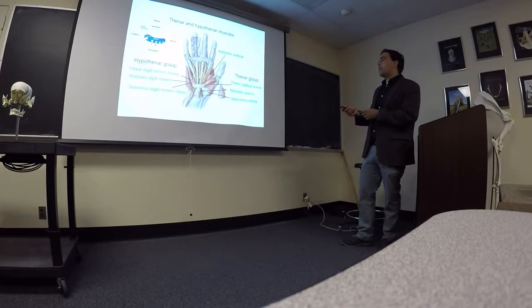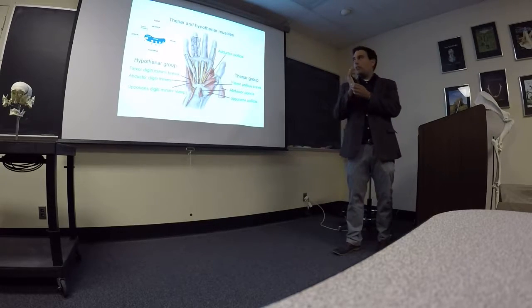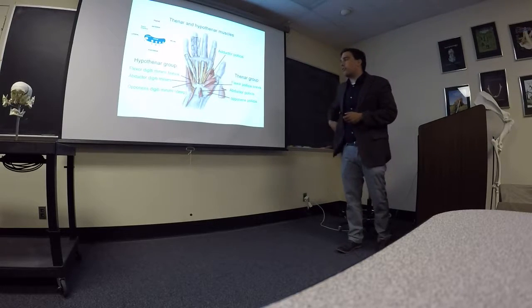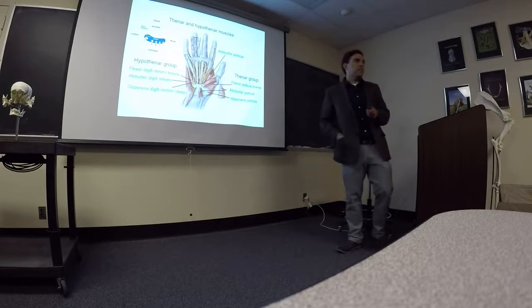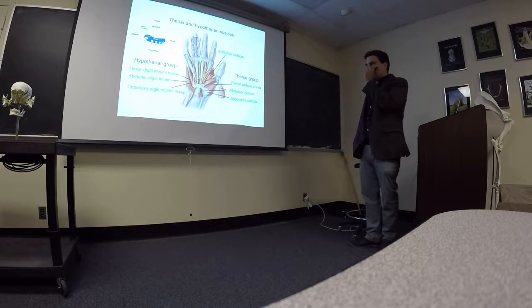The hypothenar group is the fleshy pad just underneath your pinky, and that contains the same muscles as the thenar group, except instead of pollicis, it's digiti minimi or digiti quinti or whatever you want. Movers of the pinky. Okay.